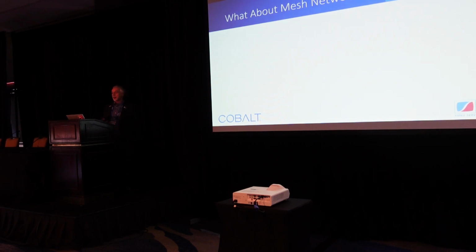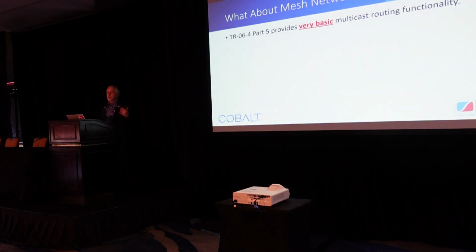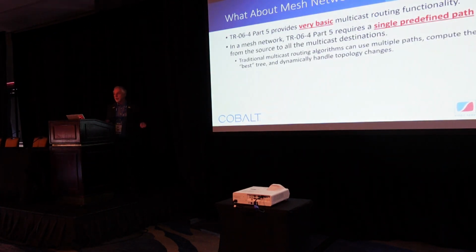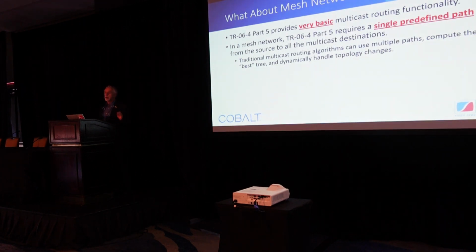What about mesh networks? I've got to talk about that. Part 5 provides a very basic multicast routing functionality. It's very, very basic. In a mesh network, and I made sure to write that in the TR very specifically, you require a single predefined path from the source to all the multicast networks.